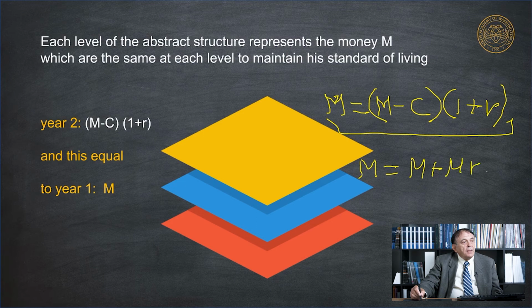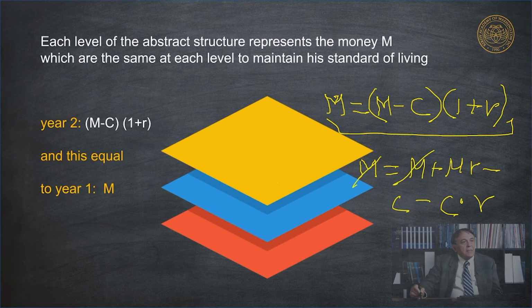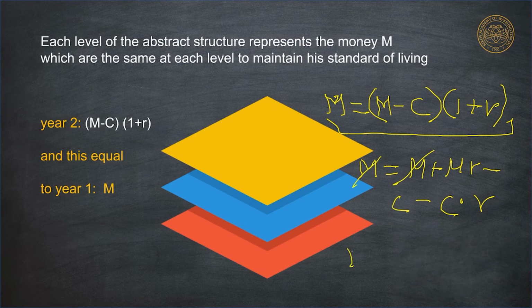It will be M equals M plus M multiplied by R, minus C multiplied by R minus C, and we cancel out M right away, and we have M R equals C plus C multiplied by R. Very simple, okay?